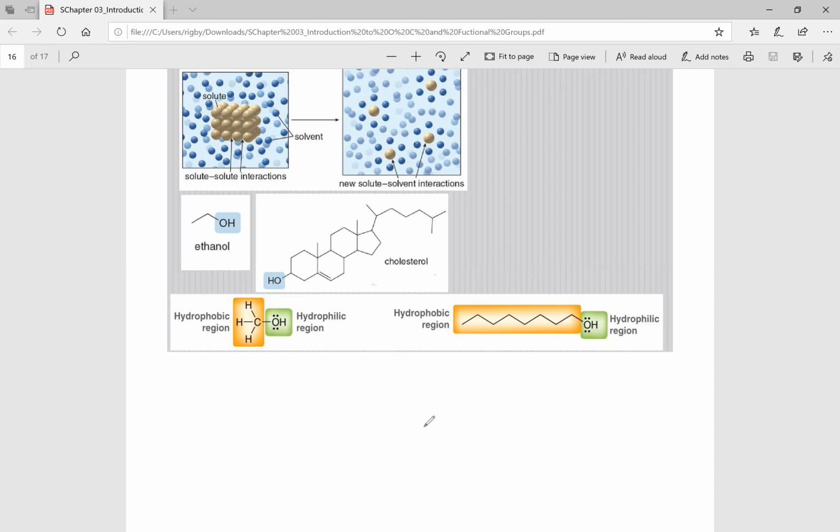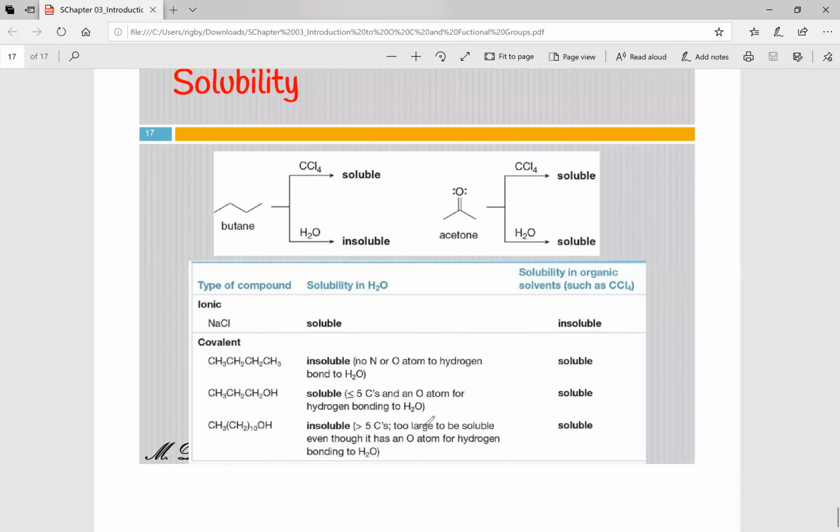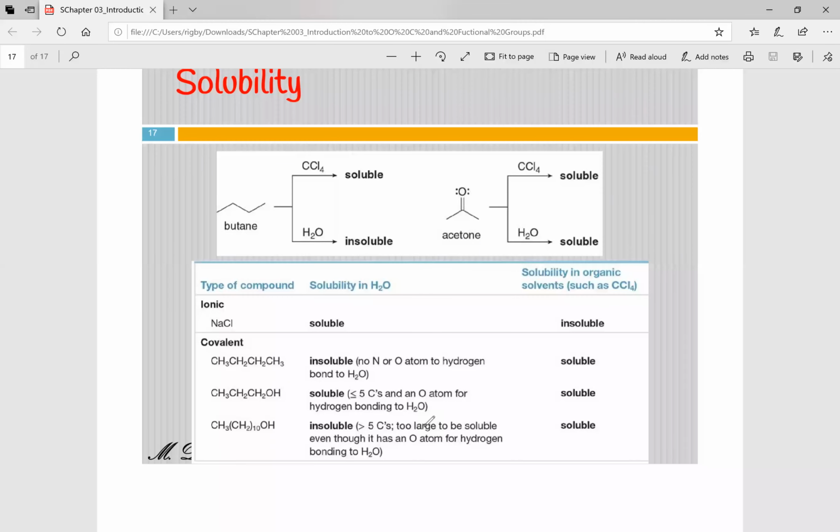And so the general rule of thumb when we're talking about solubility is that if we have a carbon compound that is 5 carbons or less, so if I had this guy right here, 1, 2, 3, 4, 5 carbons, and then an oxygen to offset those carbons, generally it will be able to be dissolved in a polar solvent such as water.